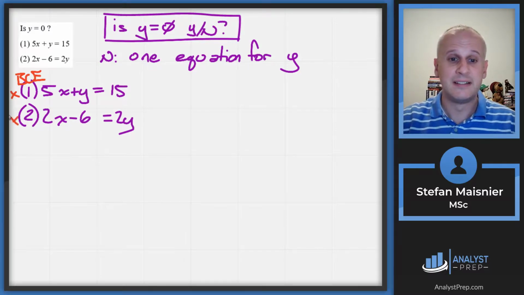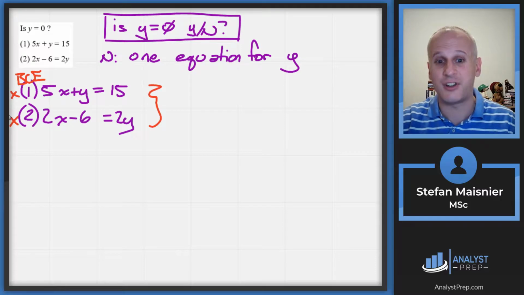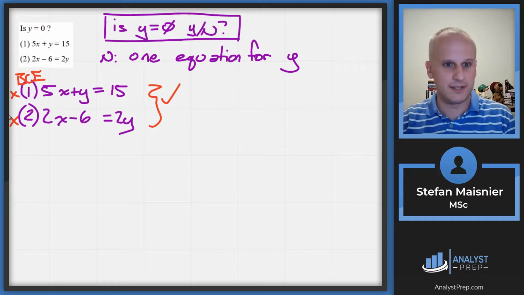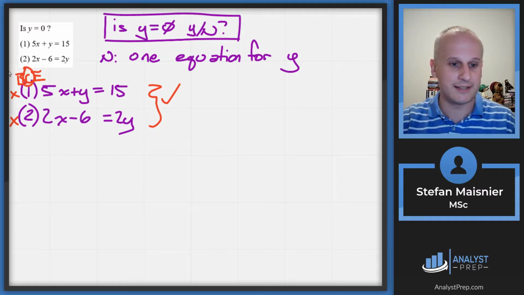Now, the real catch here is that when I see that I've got two unique equations and two variables, I know that I can solve and I don't need to solve for y at this point. Because whether x or y is or isn't 0, this is sufficient at this point. So ideally, we'd like to go ahead and select C immediately.